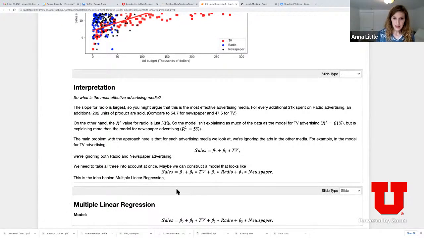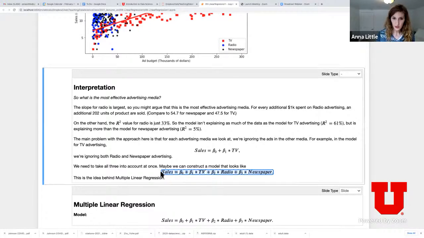So maybe we should think about constructing a model that looks like the following, that's still linear, but it's linear in 3 variables, not just 1 variable. So we might model sales as some intercept beta 0 plus beta 1 times TV plus beta 2 times radio plus beta 3 times newspaper.